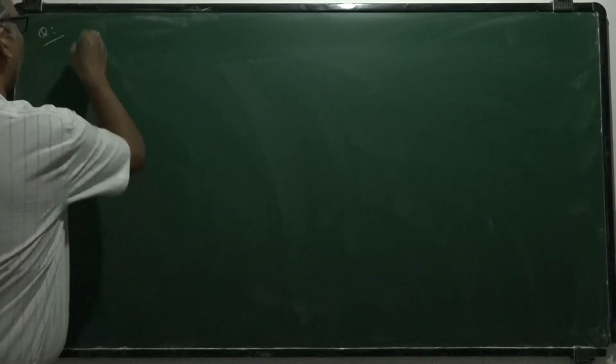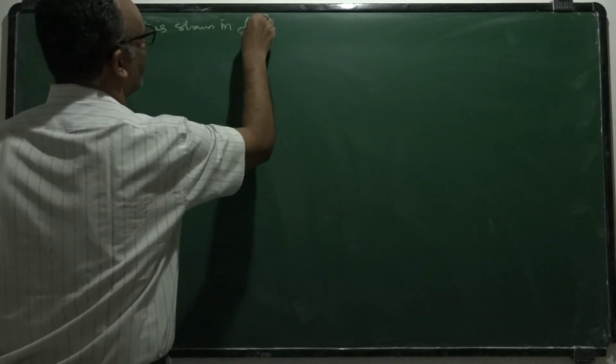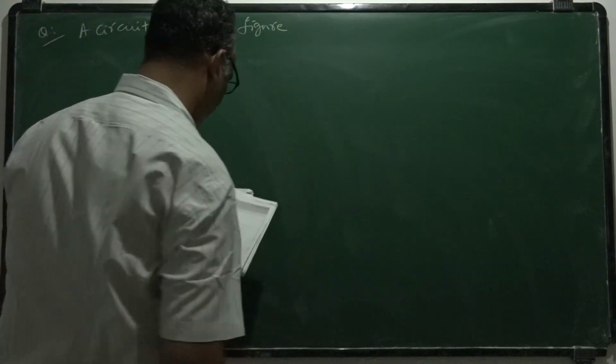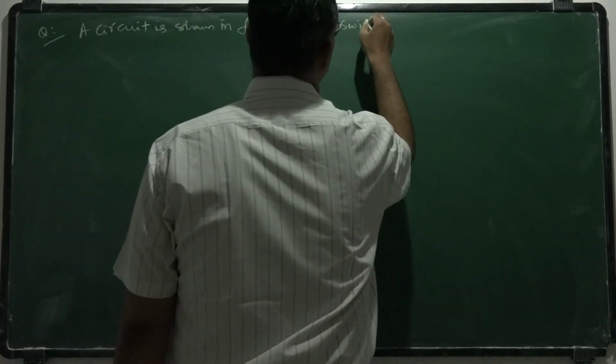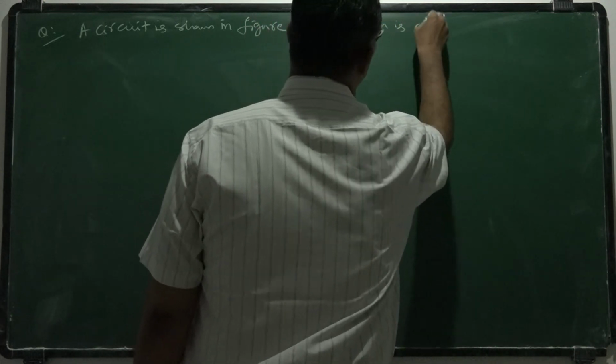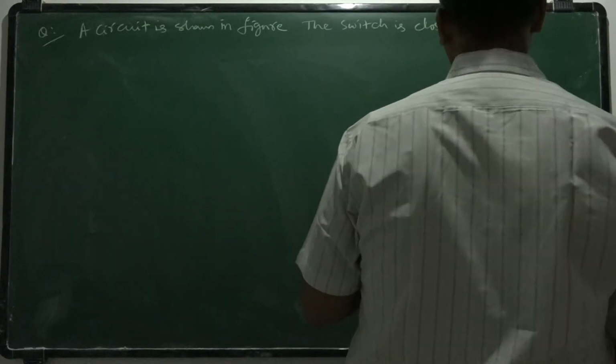One more question. A circuit is shown in the figure. The switch is closed at t is equal to 0.